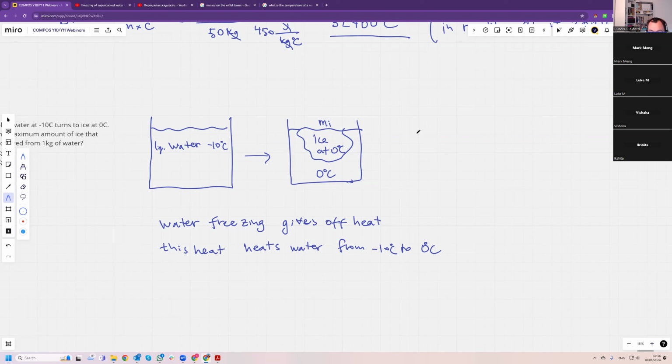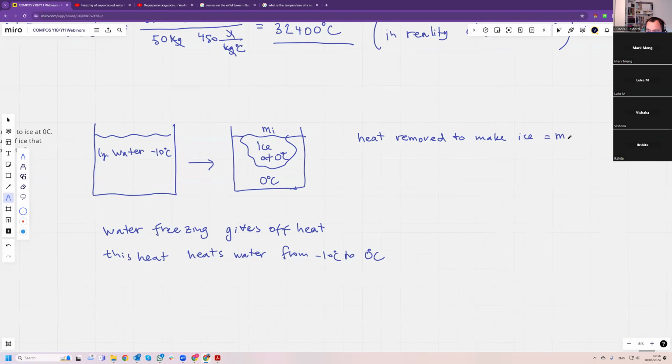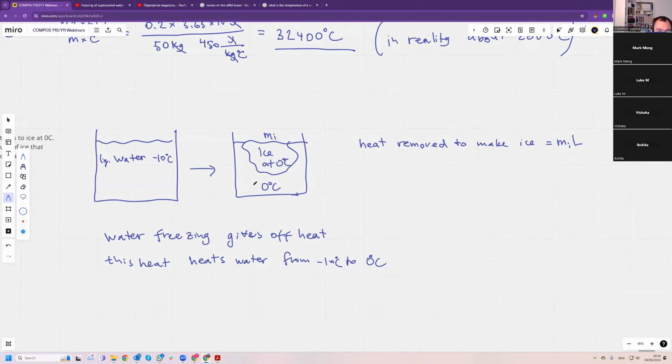So the heat removed to make ice is the mass of ice multiplied by the latent heat of fusion. Now all the water heats up to 0.